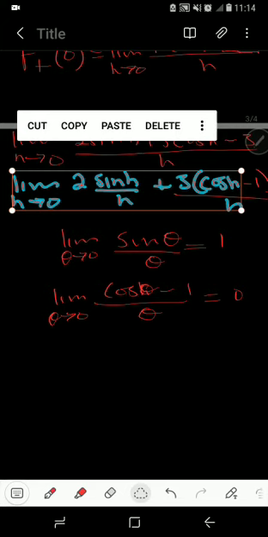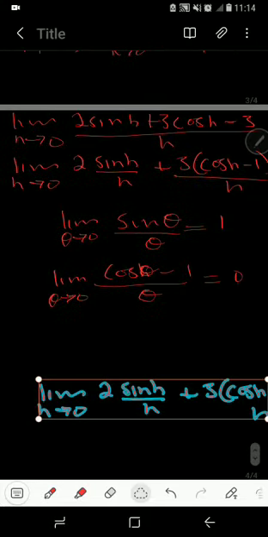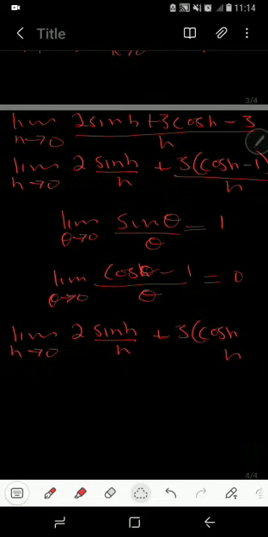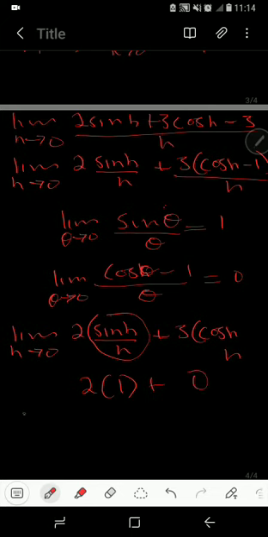So let us consider this here. In this case, you see that this is 2, here is 1. Following this rule, it is 1 plus 0. So the right derivative at 0 is equal to 2.